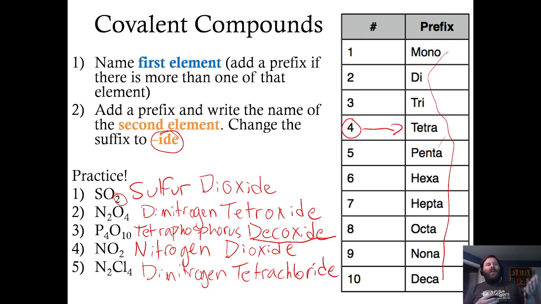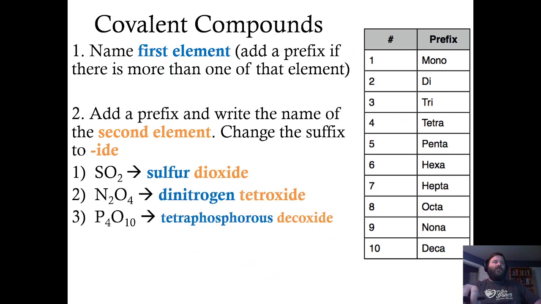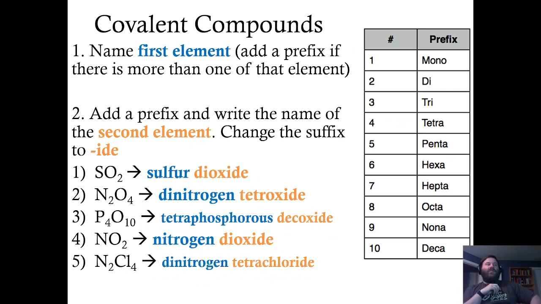These slides might even have decaoxide on them. Don't worry about those little things. Just follow these first 2 rules. Don't worry specifically about where the letters do or don't go, and you'll do fine. All right, so let's see, we got sulfur dioxide, dinitrogen tetroxide, tetraphosphorus decoxide, nitrogen dioxide, and dinitrogen tetrachloride.